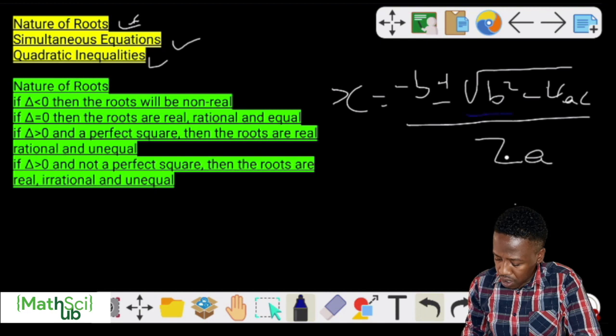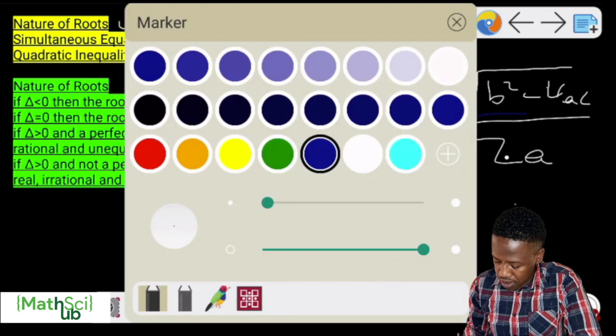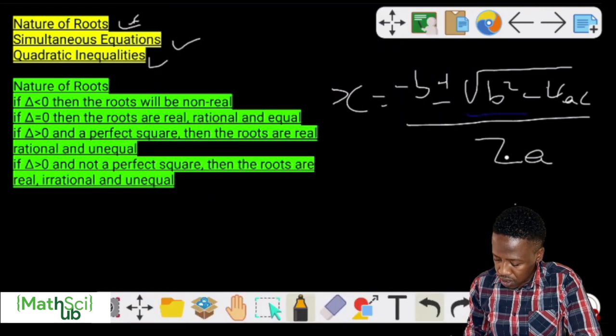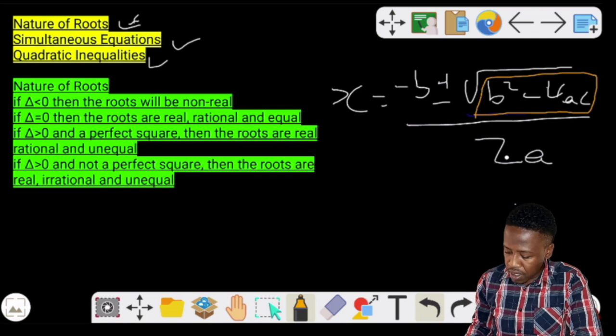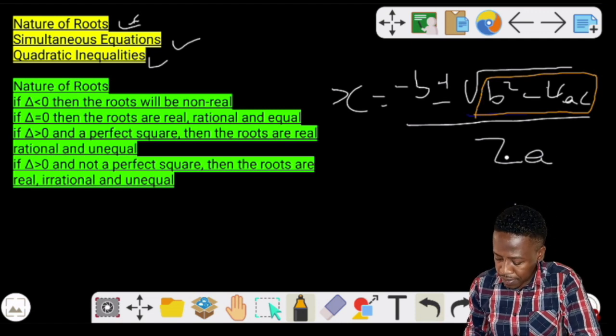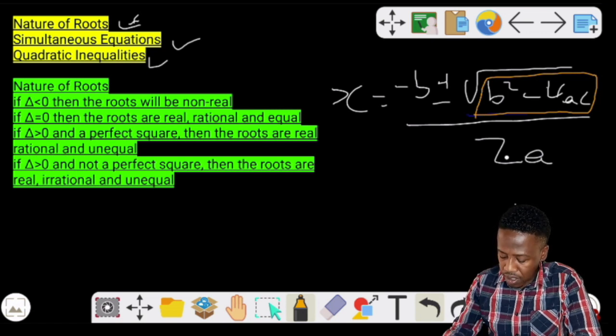Now, in this equation, we take out this part. And this part is actually the part that helps us determine the nature of roots, and we call this part the discriminant, right?